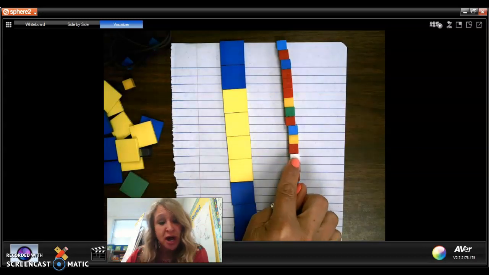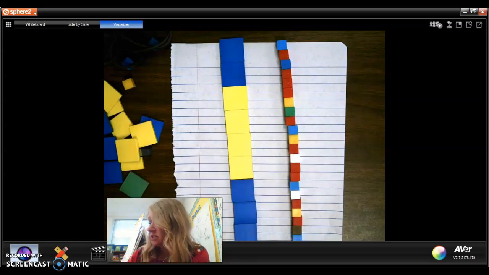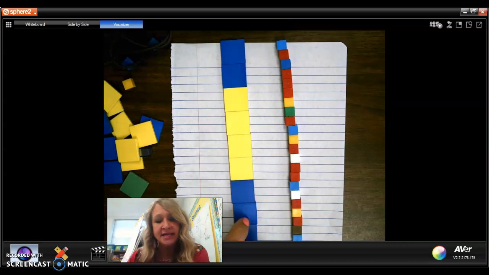If they're smaller, I need more of them. What about the inch tiles, the square tiles? Are they smaller or larger? They're larger, so do I need more or less of them? Less. I'm going to need less of the larger tool.